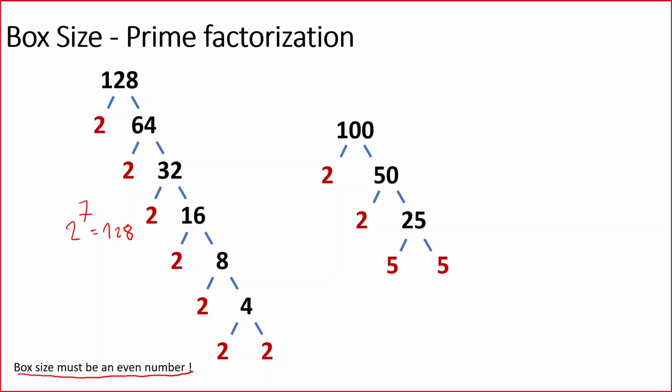We see that we have two very small and two a little bit bigger prime numbers, yet 100 would perfectly serve as a good box size. However, if we go slightly bigger, yet still smaller than 128, to 106, we can decompose this into prime numbers 2 and 53. And 53 is a pretty large prime number for our purposes.